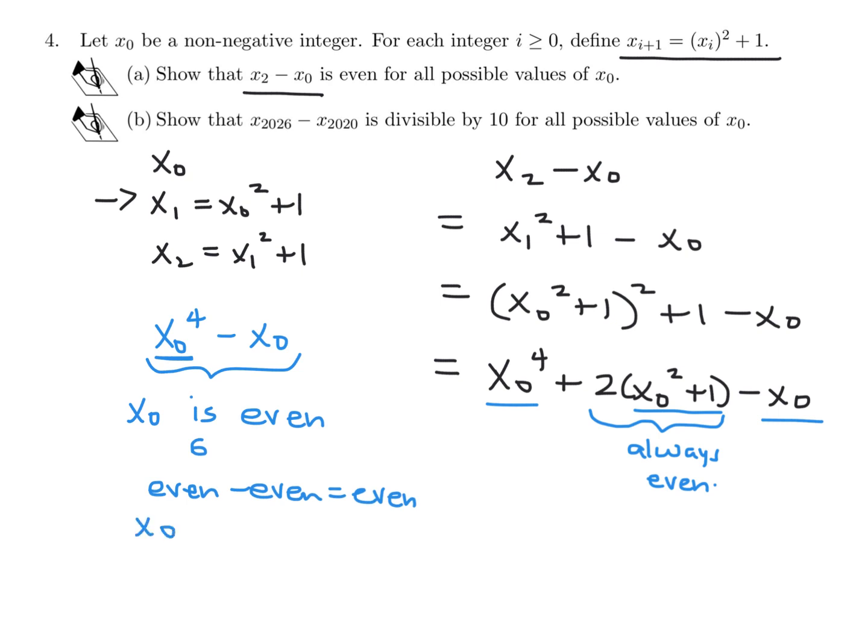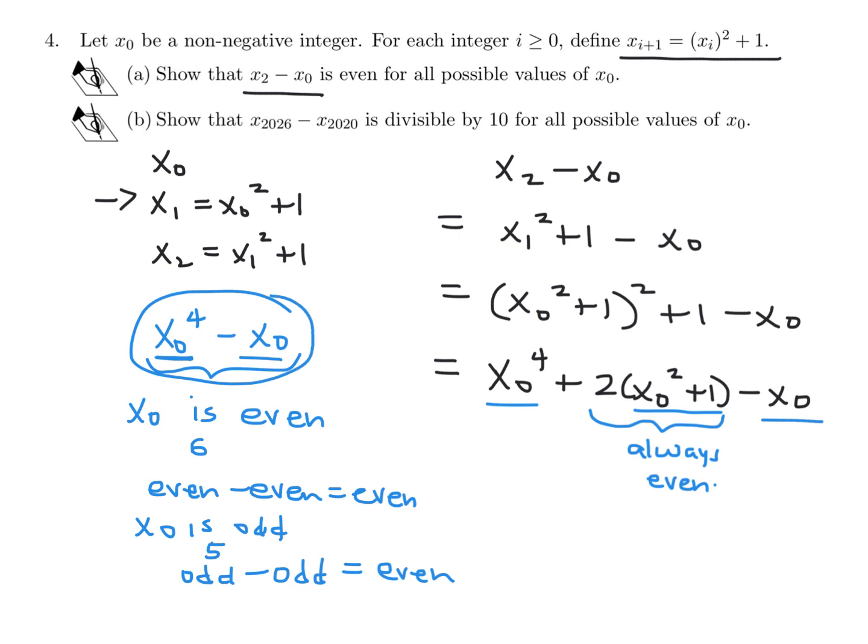Now if x0 is odd, let's say it's 5, that would become odd, and then this is odd. You have an odd minus an odd, and an odd minus an odd is an even. So what that means is that this will always be even regardless of whether x0 is even or odd. So that means this entire expression has all even components to it, and therefore it will always be even. That's pretty much the explanation.